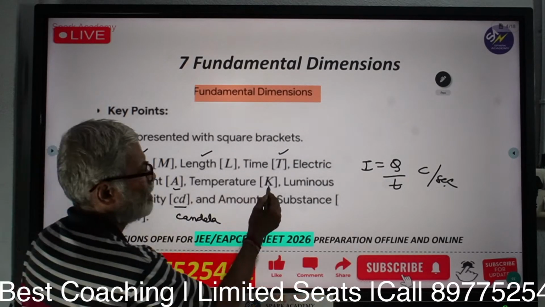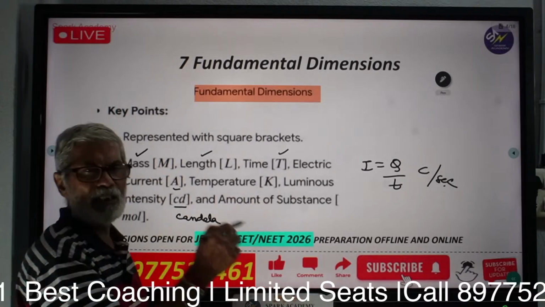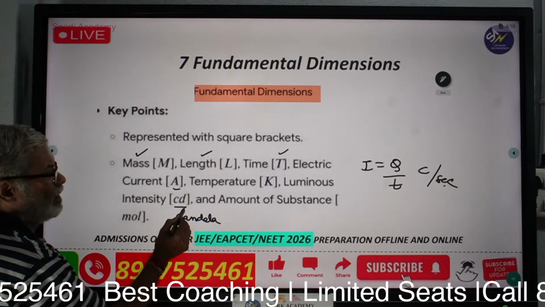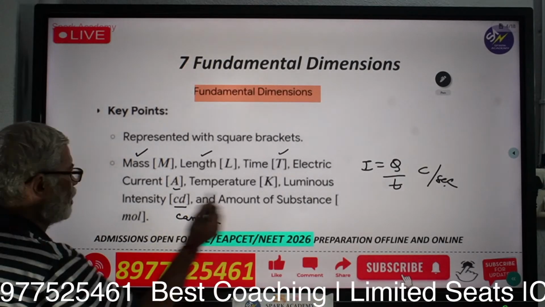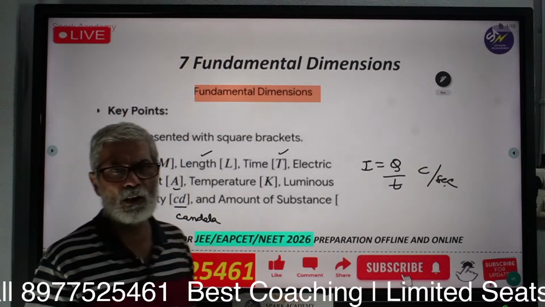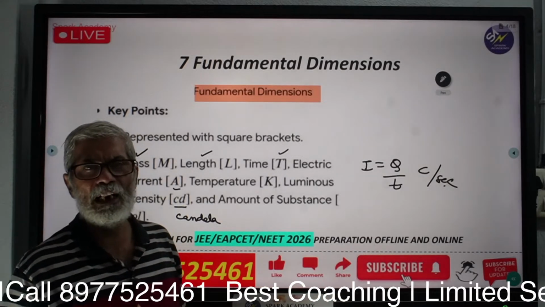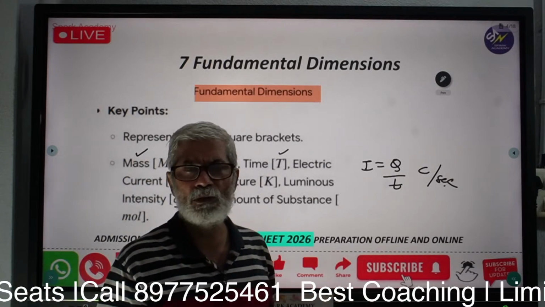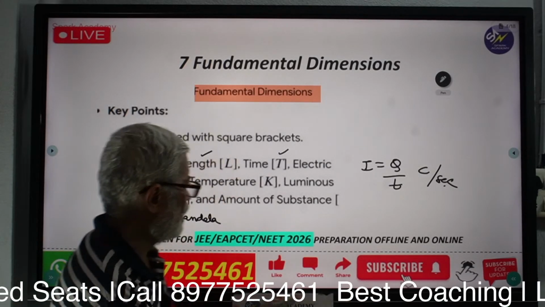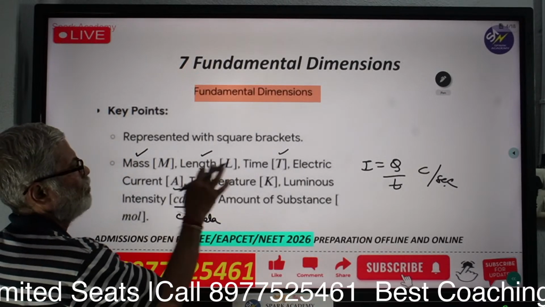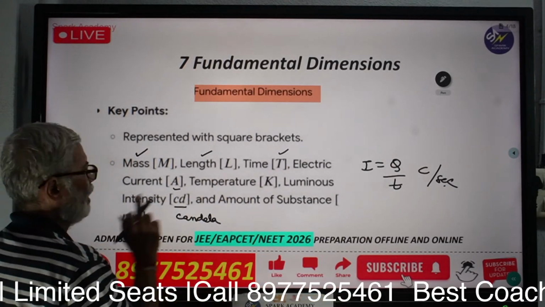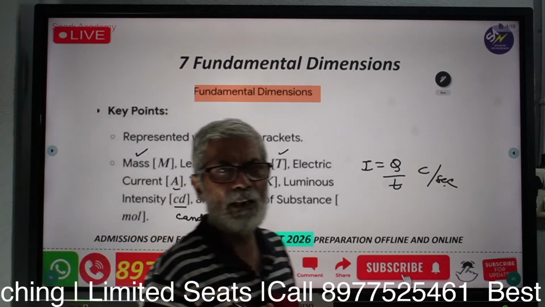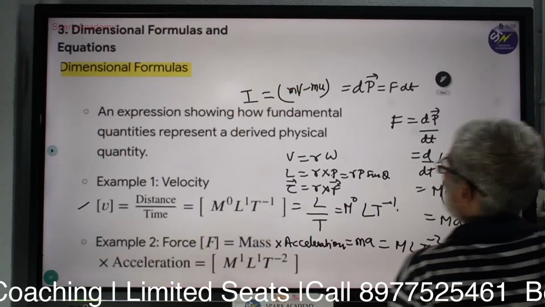Now temperature is K. In dimension you can put A for current. Luminous intensity is measured in candela, CD. Amount of substance is measured in mole. You know 1 mole of oxygen, 1 mole of any element, is equivalent to the Avogadro number of atoms, molecules, ions. So these are the 7: M, L, T, A, K, CD, and MOL. These are the 7 fundamental quantities.